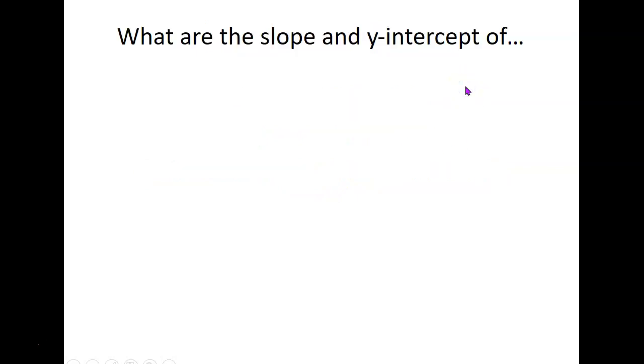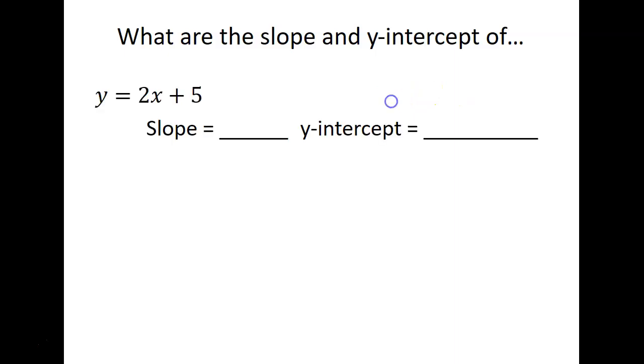So what are the slope and y-intercept of y equals 2x plus 5? That is in that slope-intercept form. It's y equals mx plus b, where the part of m is being played by 2, so that's the slope, and the part of b is being played by 5, so that's the y-intercept.